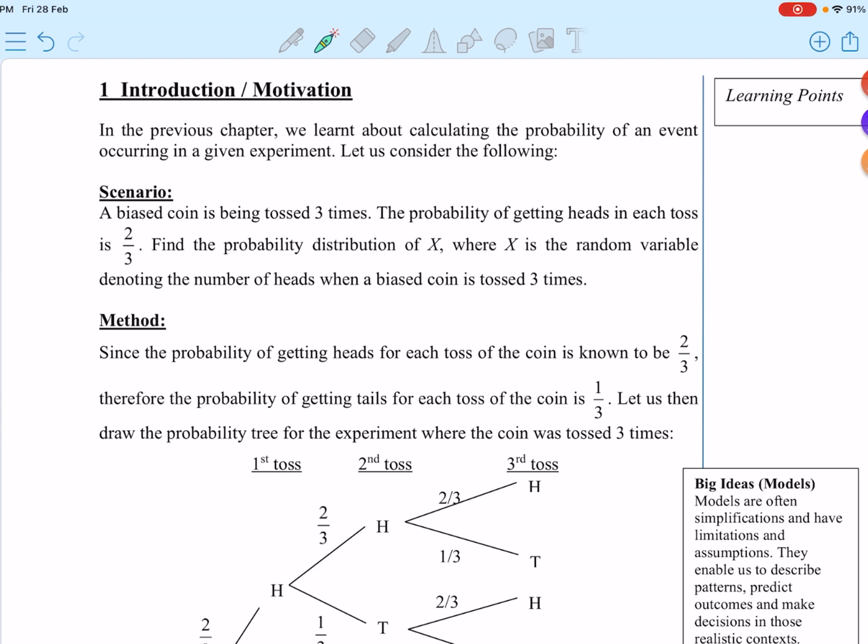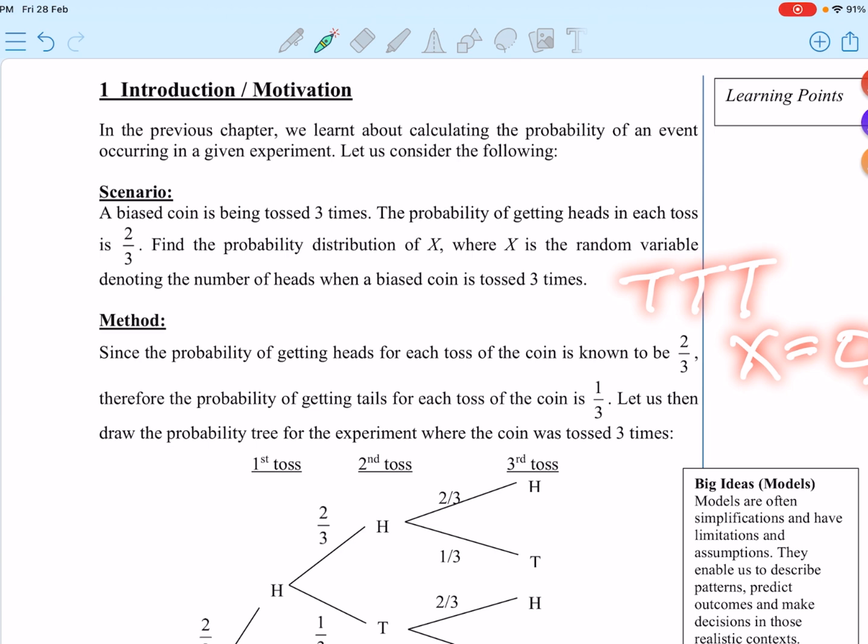If you are looking at the random variable, number of heads when a brass coin is tossed 3 times, we have the following cases. It can be tail, tail, tail. So in this case, what is the value of X? Obviously X will be equal to 0, because X denotes the number of heads.